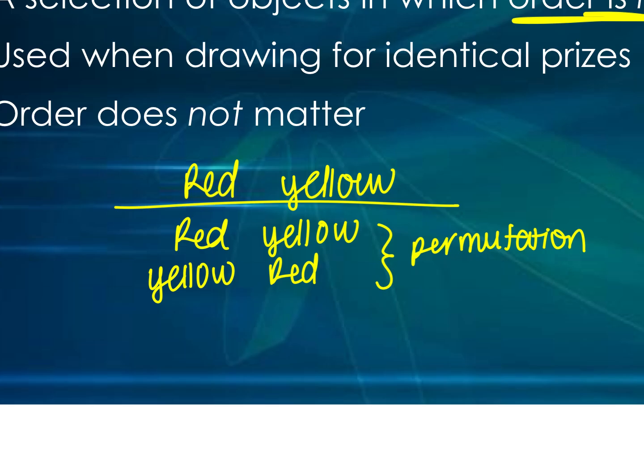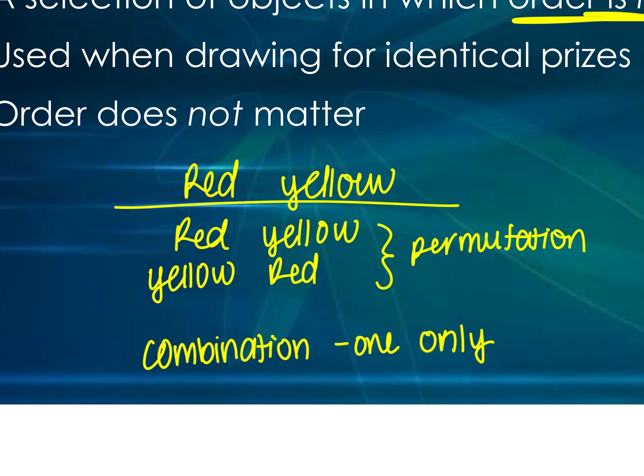If I were to look at combination, using the colors red and yellow, what would my combination be? It would only be one of these. Combination says that these are both the same. Red and yellow is the same as yellow and red. So with combination, it would only be one.